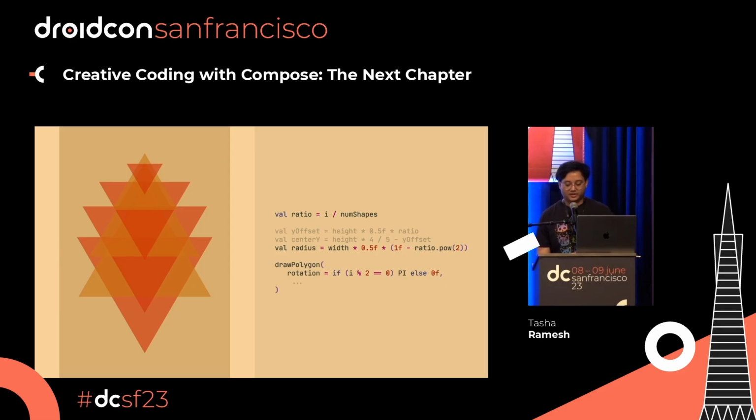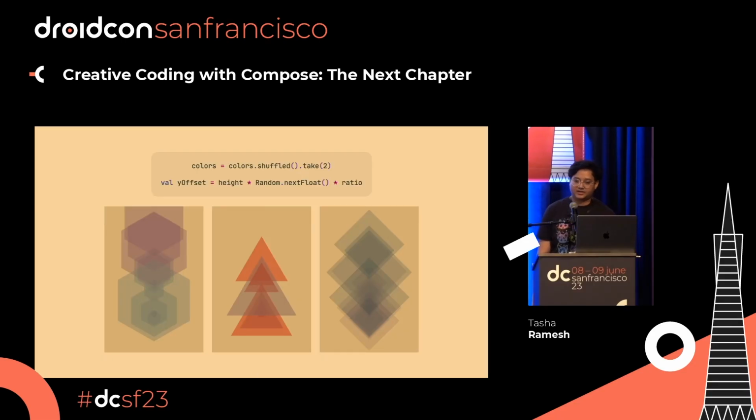These are all values that we've hard-coded, and we're just moving them around and seeing what we can do with them. But the real generative part comes in when we introduce some randomness. Let's see what happens if we do two more things: shuffle our colors and add a bit of randomness to the y offset.